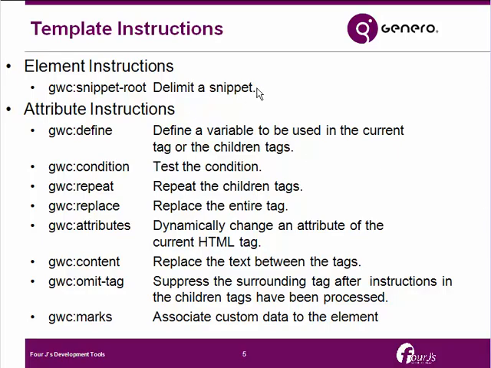The GWC snippet root instruction delimits a snippet. Open any snippet file and you will see the code for the snippet between these GWC snippet root tags.